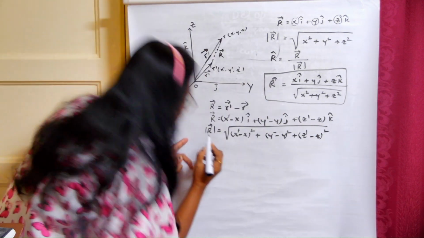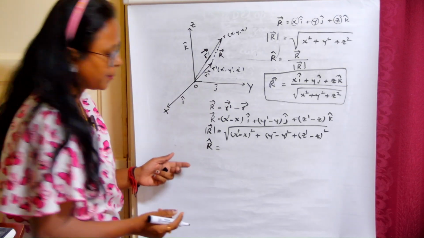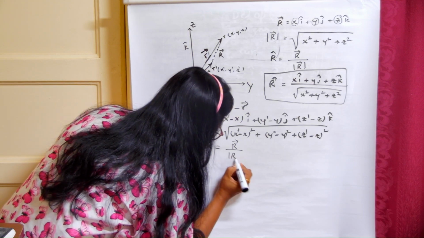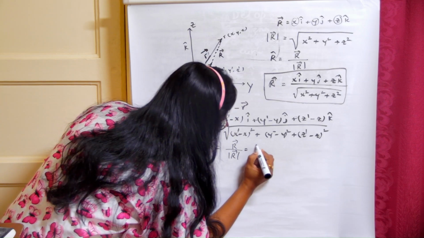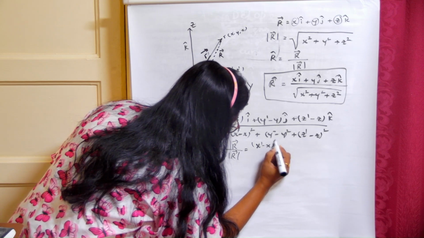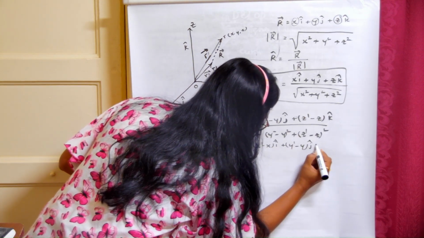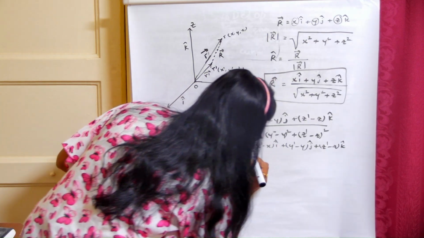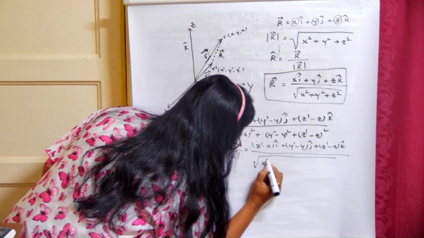This is the magnitude, and now the unit vector can be represented as capital R cap, which is nothing but R bar by modulus of R bar, divided by its magnitude.